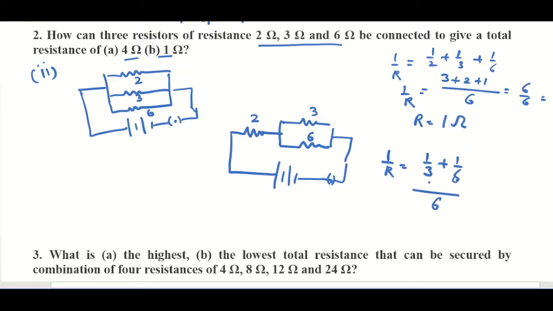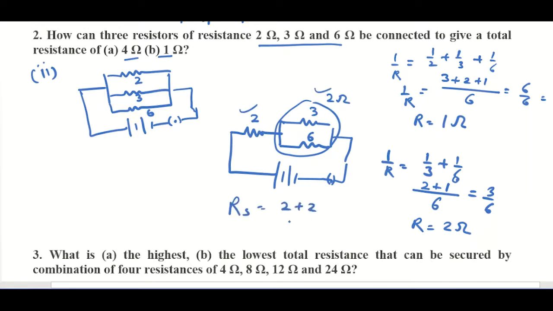LCM is 6. 2 plus 1, that is 3 upon 6. We get R as 2 ohm. So the equivalent resistance of this part is 2 ohm, and this 2 and this 2 are in series. So total resistance is equal to 2 plus 2 is 4. So the answer of first is this and second is this.